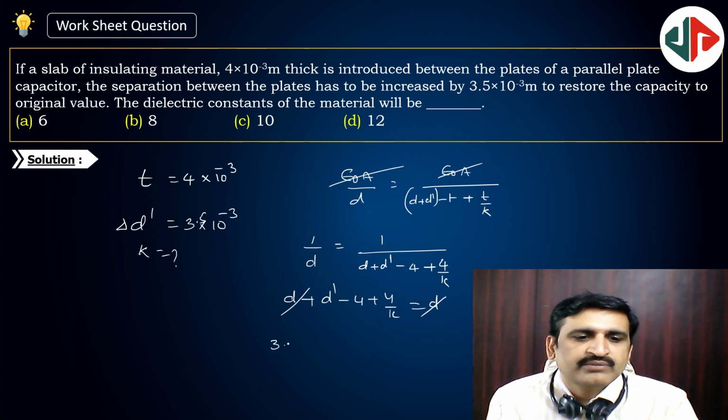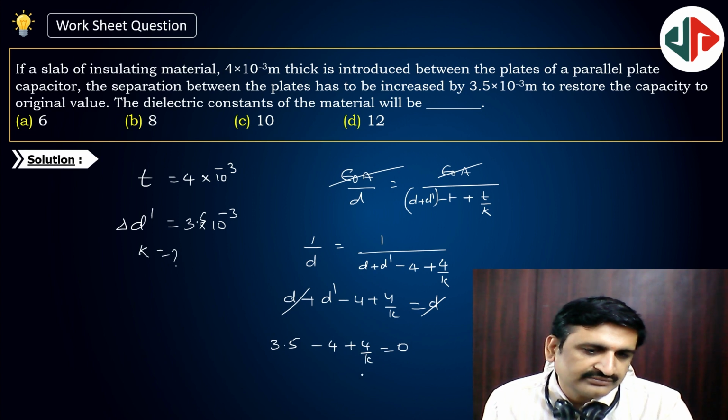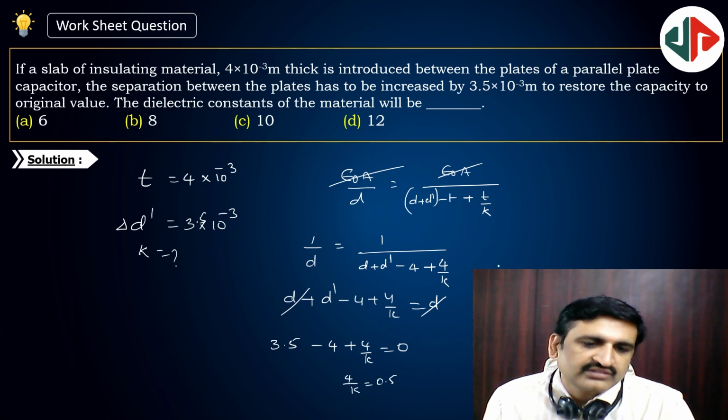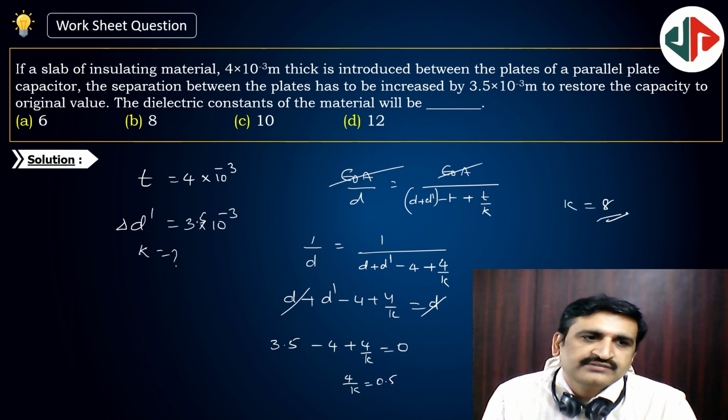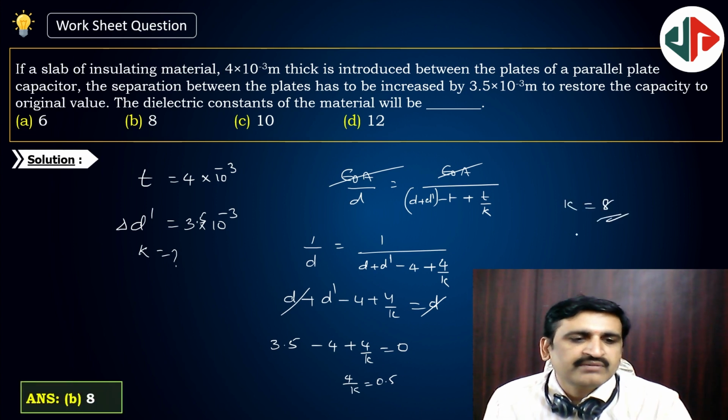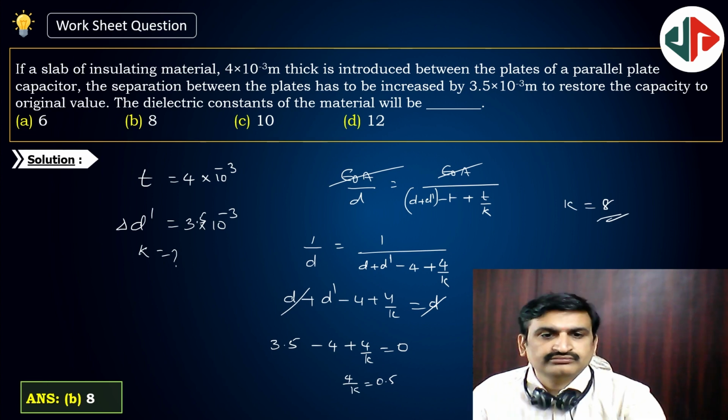So 3.5 minus 4 plus 4 by K is equal to 0. This is 0.5, so that means 4 by K is equal to 0.5. So K equal to 8. Everything in mm you can do so that you can do fast.